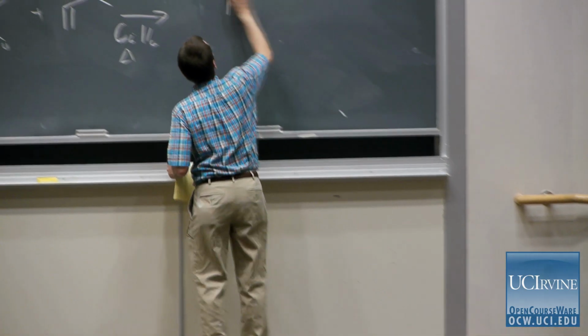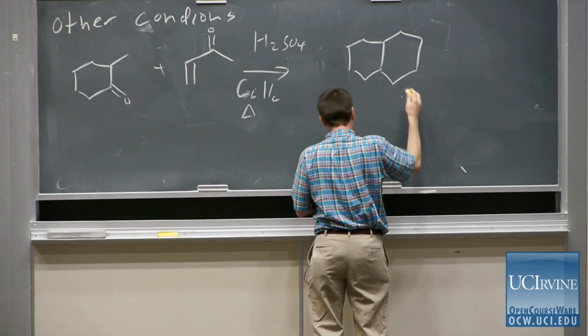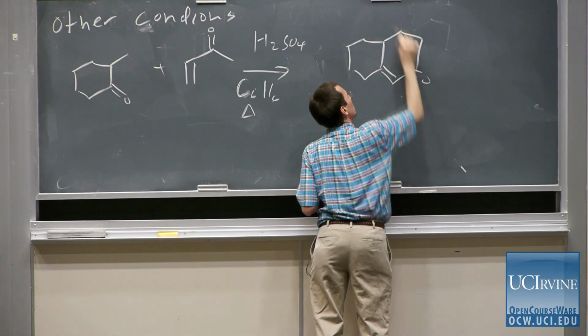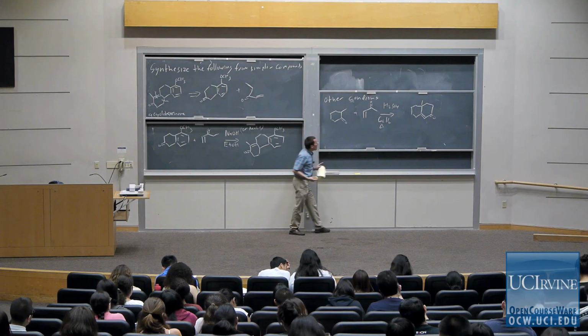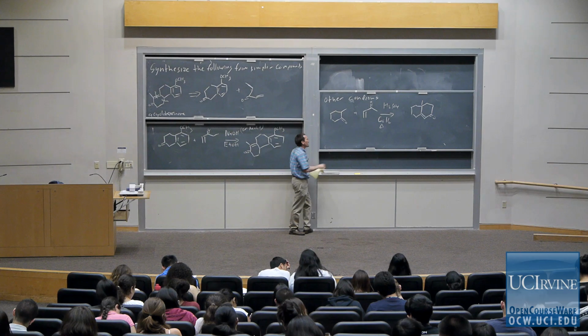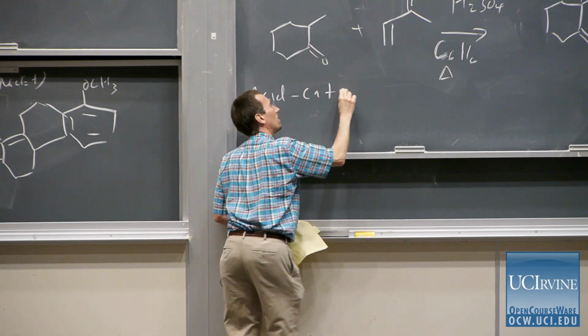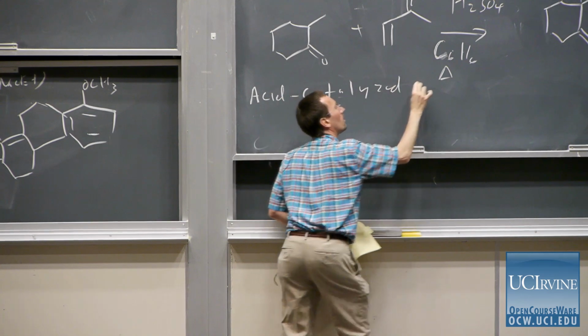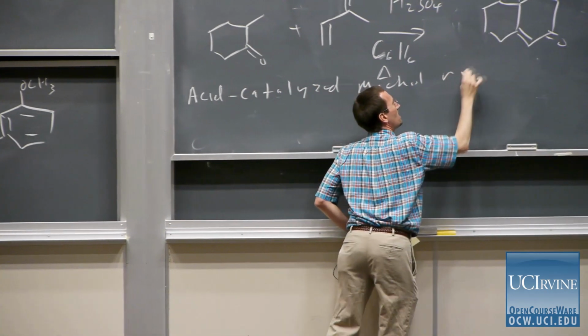Again, as I said, you wouldn't be expected to know that, but I want us to look at the mechanism because it ties into something that I talked about before. The point I really wanted to make is that we're getting acid-catalyzed chemistry here. So you're getting an acid-catalyzed Michael reaction.